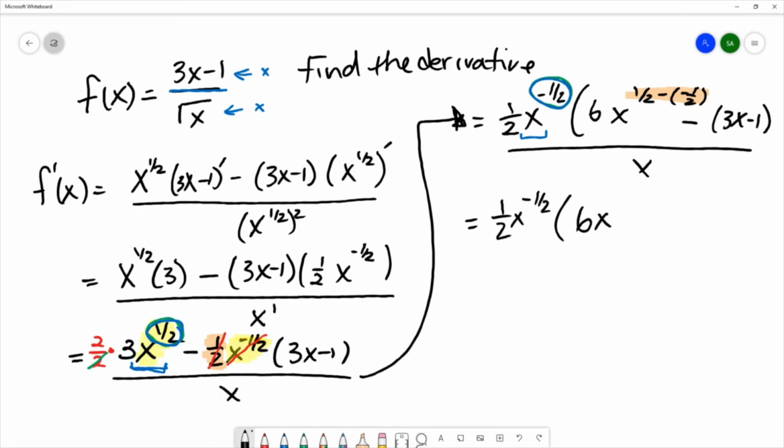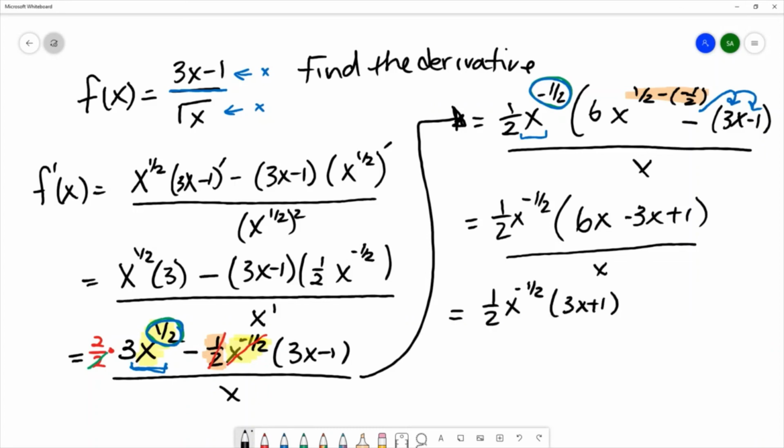So we have x to the first power. I'll distribute this negative, and that gives me minus 3x plus 1. I can combine like terms in the numerator. That's 3x plus 1 over x.